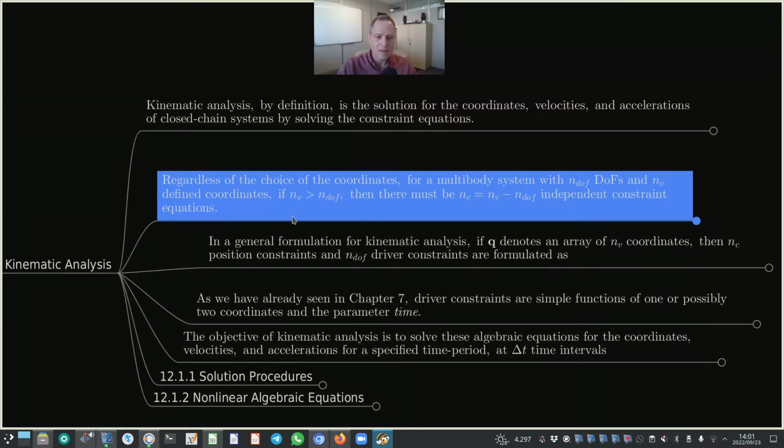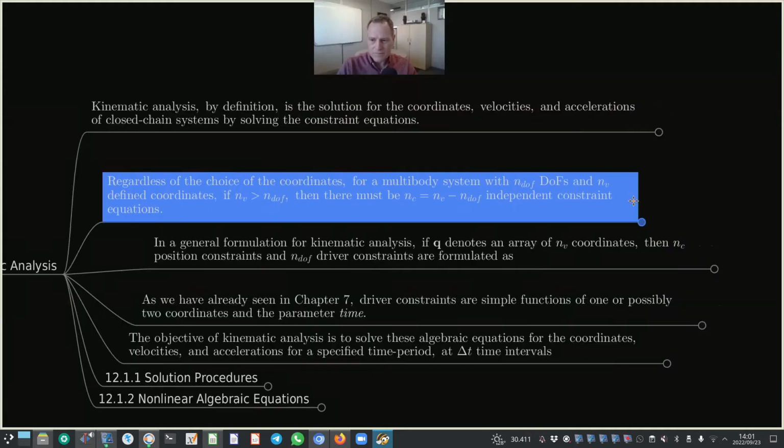Let me just repeat that. Regardless of the choice of coordinates, for a multi-body system with n degrees of freedom and nv defined coordinates, if nv is greater than n, then there must be nc equal to nv minus n independent constraint equations.